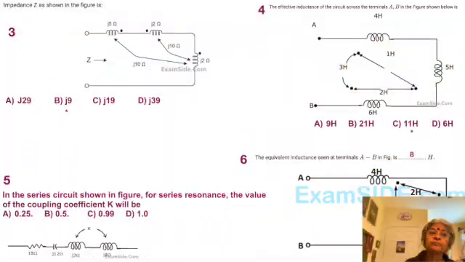On the other hand, if current entry is on the dotted and the current exit is on the undotted terminal of a pair of coils, or vice versa, then the mutual inductance will be doubled, but then of course it will be negated or reduced from the total effect.